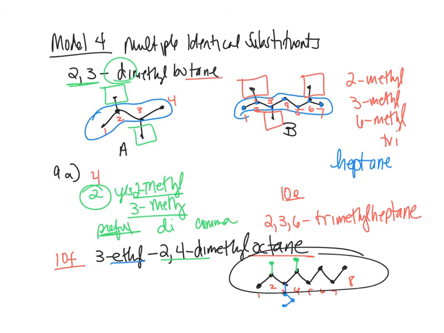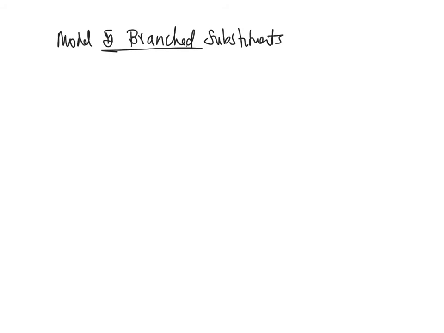All right, on to model 5. Okay, this is our last model for this POGIL exercise, model 5. And you will have to memorize these, so add these to your index card, branch substituents. And these are the ones I will stick to. Branch substituents use the IUPAC or common names.